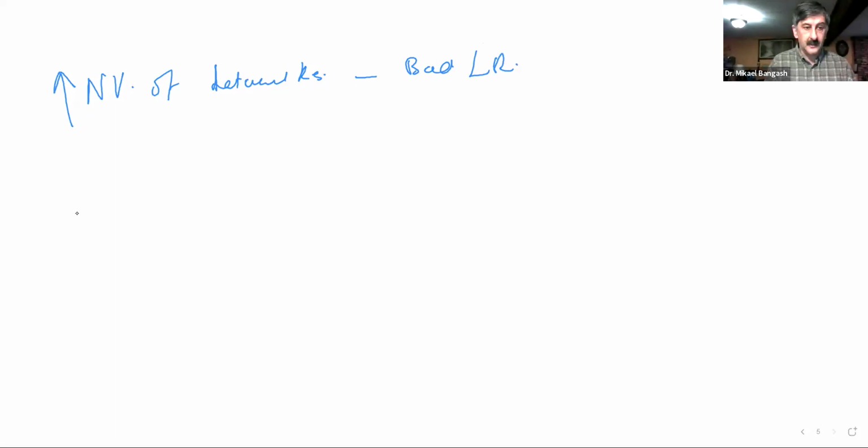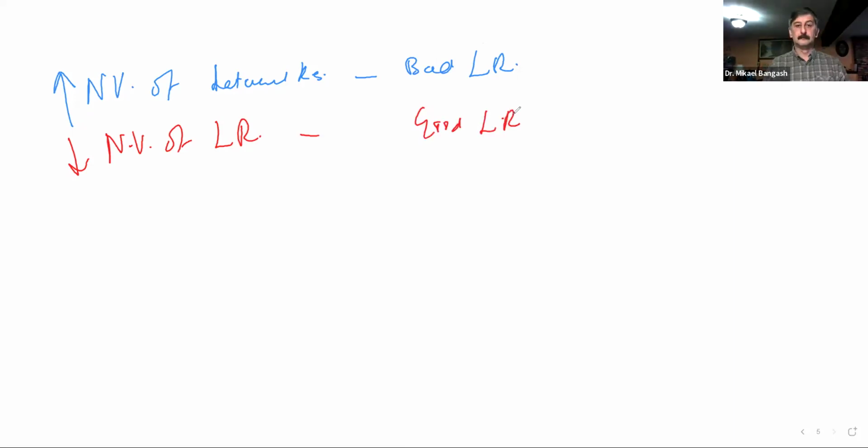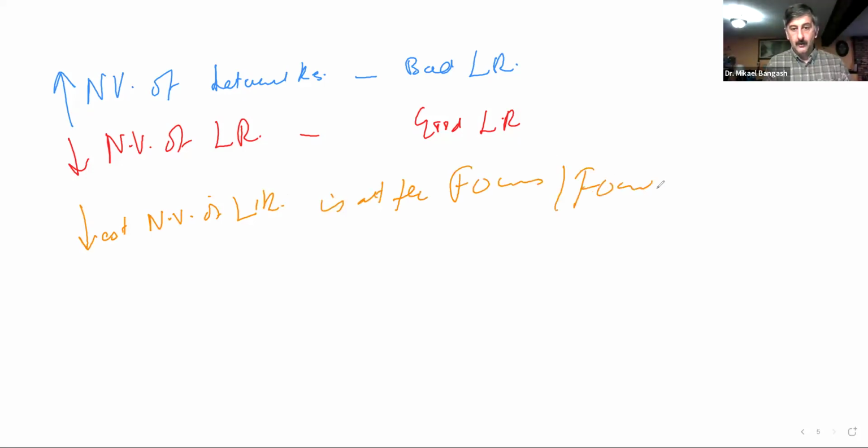Whereas on the other hand, a low numerical value of a lateral resolution is going to give us a good lateral resolution. And where is it that we have the lowest numerical value of the lateral resolution? It is at the focus or focal point.